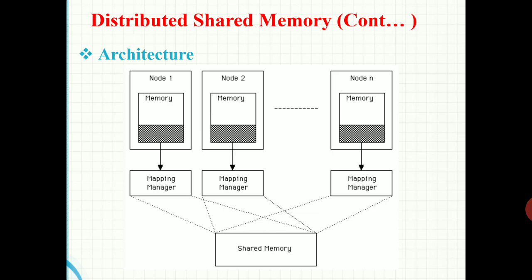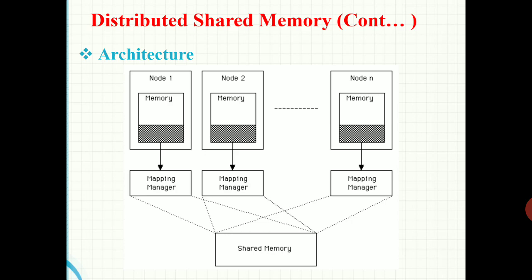The main memory of the individual node is used to cache the shared memory space. The data moves between the main memory and secondary memory and between the main memories of different nodes. When a process accesses the data in the shared address space, the mapping manager maps the shared memory address to physical memory.